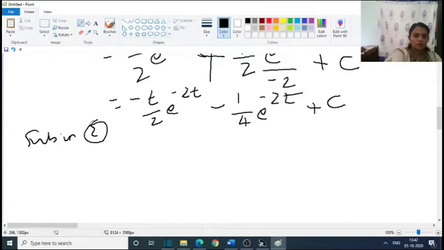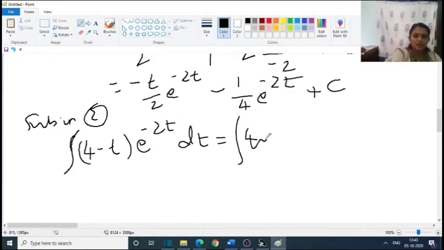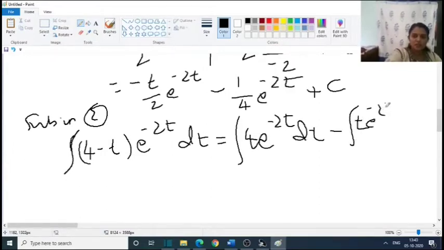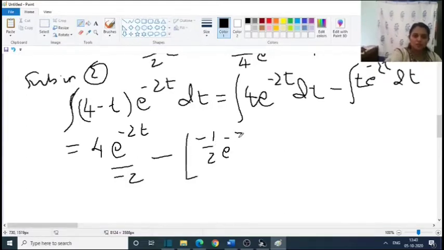Integral of equation 2, integral of 4 minus t e raised to minus 2t dt, is equal to integral 4 e raised to minus 2t dt minus integral t e raised to minus 2t dt, which is equal to 4 into integral e raised to minus 2t, which is e raised to minus 2t by minus 2, minus integral of t e raised to minus 2t, which is minus 1 by 2 e raised to minus 2t minus 1 by 4 e raised to minus 2t plus c.